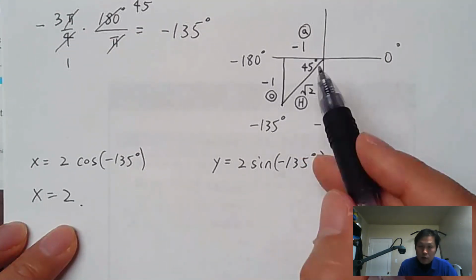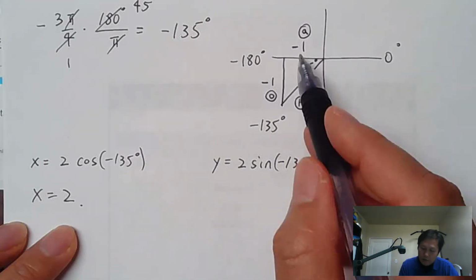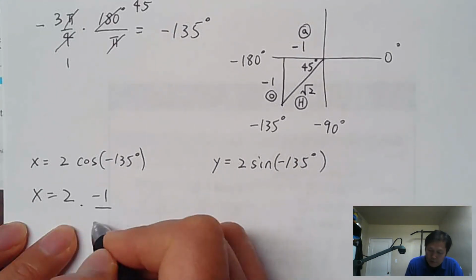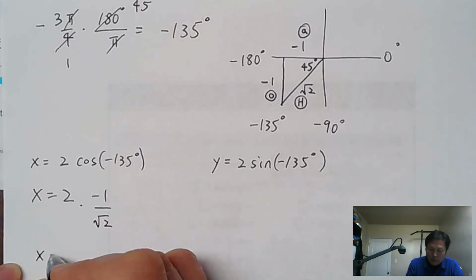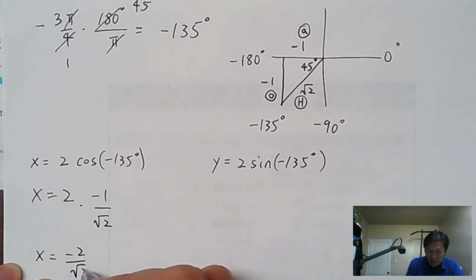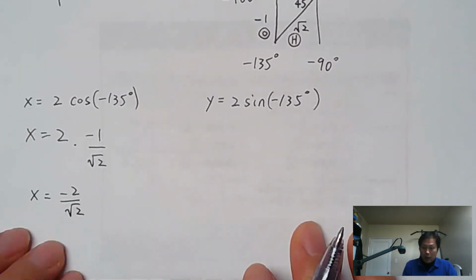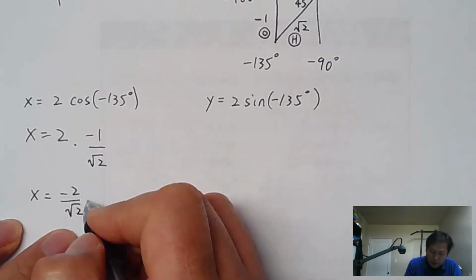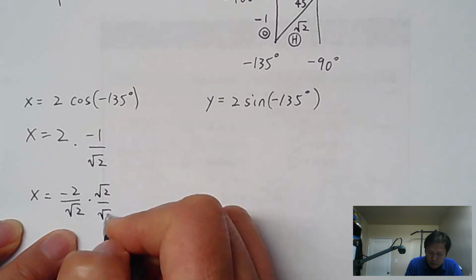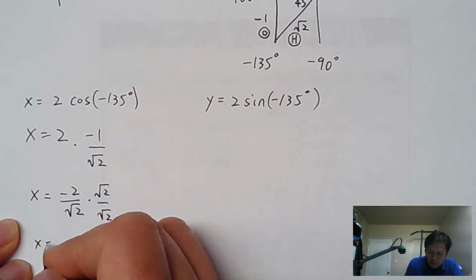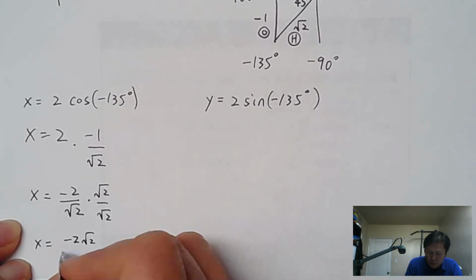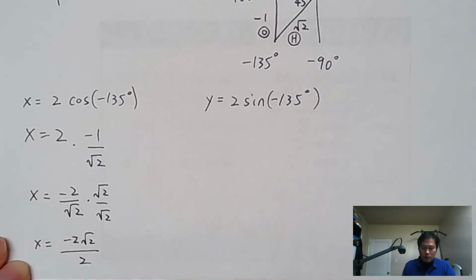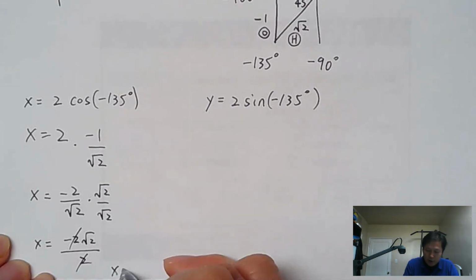Cosine will be CAH, adjacent over hypotenuse, so minus 1 over square root of 2, which is equal to minus 2 over square root of 2. Your teacher probably will ask you to rationalize the denominator, meaning you multiply by square root of 2 over square root of 2, which becomes minus 2 square root of 2 over 2. Then 2 cancels out. So x is going to be minus square root of 2.